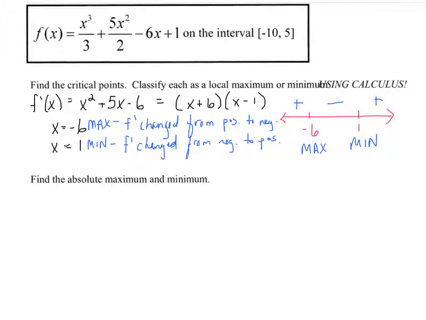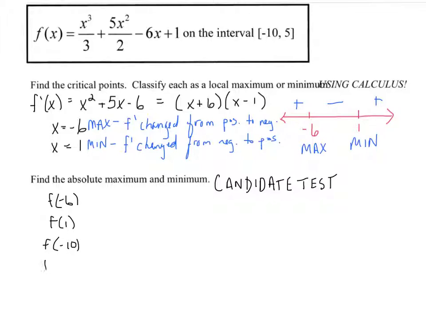Okay. Now, find the absolute maximum and minimum. I just wanted to remind you of what's called the candidate test. Remember, the candidate test says you should plug in the critical points, so f of negative 6 and f of 1 to the original function, and you should plug in the endpoints to the original function and see which gives you the biggest and smallest values.